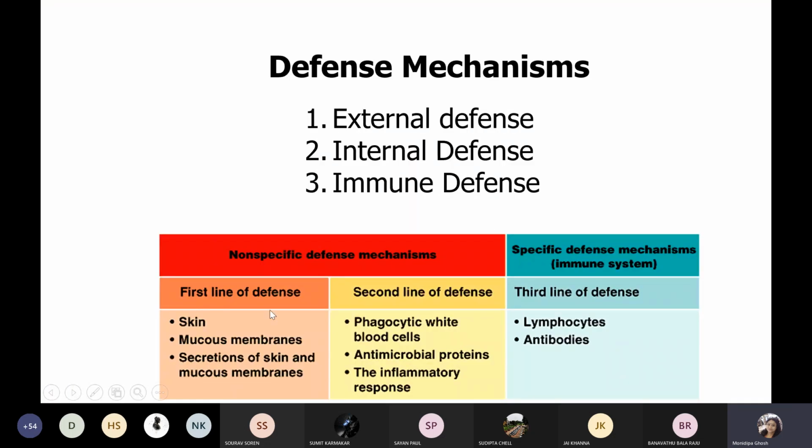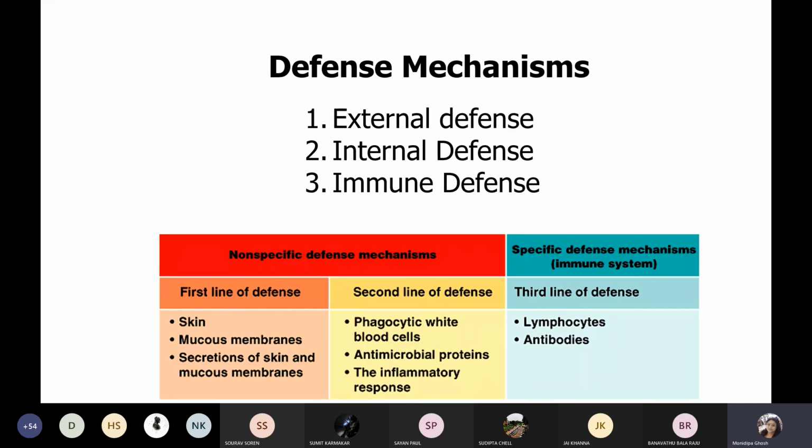The defense mechanism, that is the resistance mechanism: external defense, internal defense, and immune defense. What about this one? The non-specific defense mechanism is the first line defense, where the skin and the mucous membranes, meaning the inner lining of your mouth, of your gut, of lungs, the internal organs having some inner lining of cells which secrete some secretion which makes it easy to interact with foreign air, foreign things.